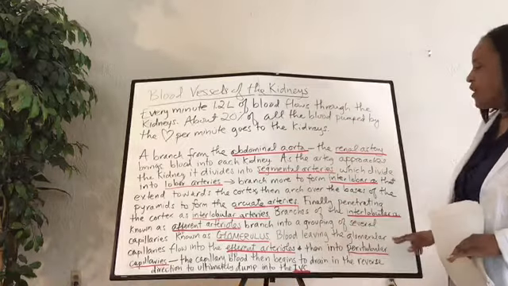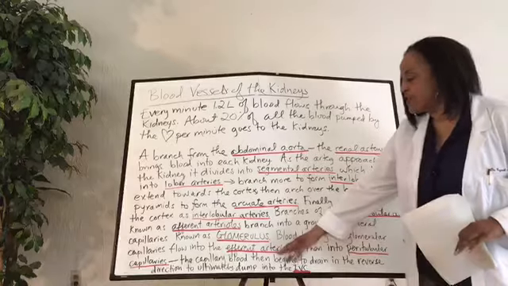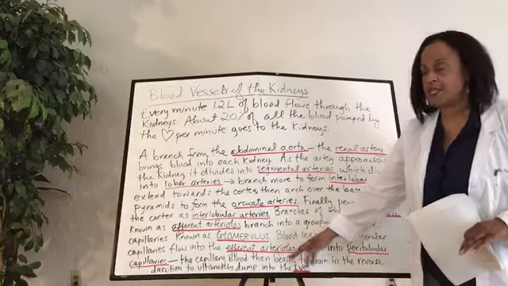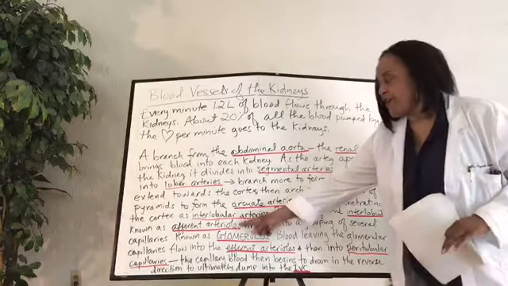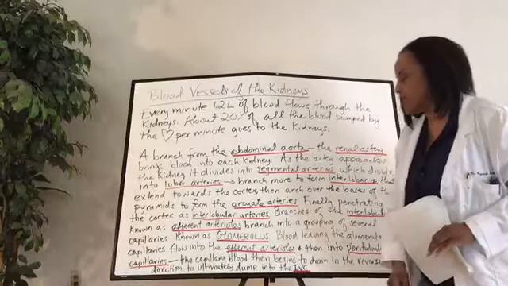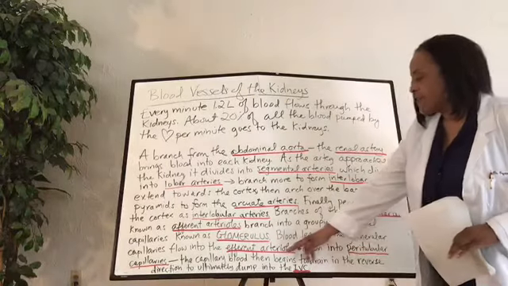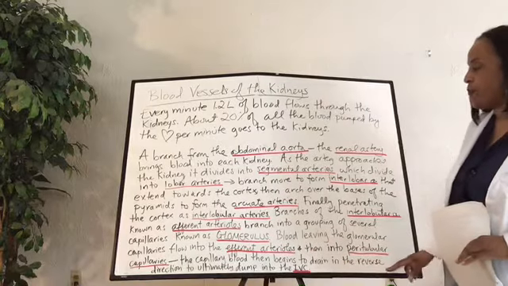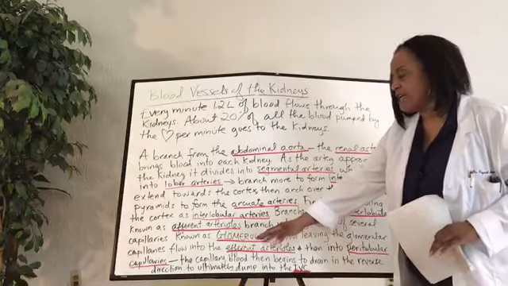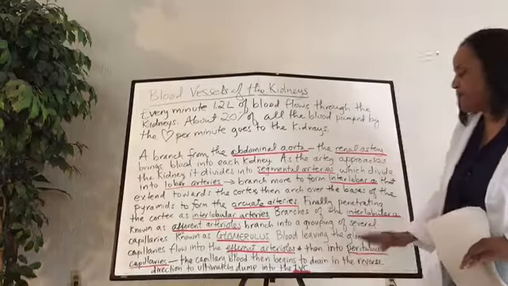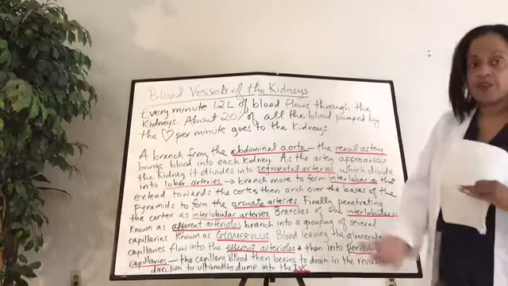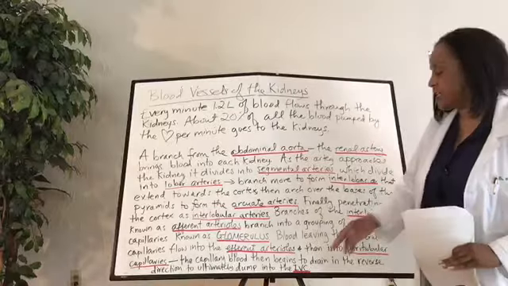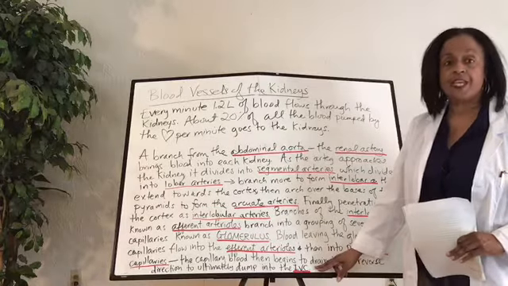Blood leaving the glomerular capillaries will flow into the efferent arterioles at this point. So you've got afferent arterioles and efferent arterioles. As the blood comes to the efferent arterioles and then into the peritubular capillaries, the capillary blood then begins to drain in a reverse direction to ultimately dump into the inferior vena cava.